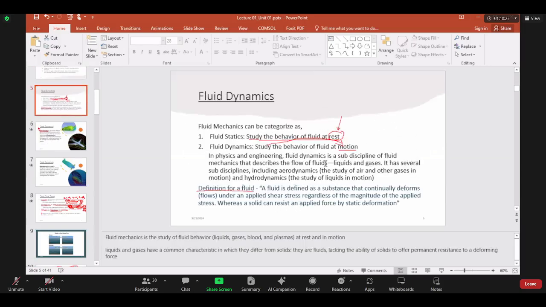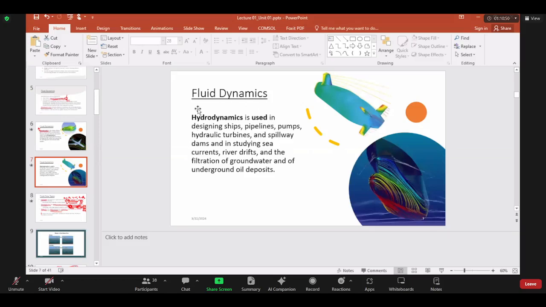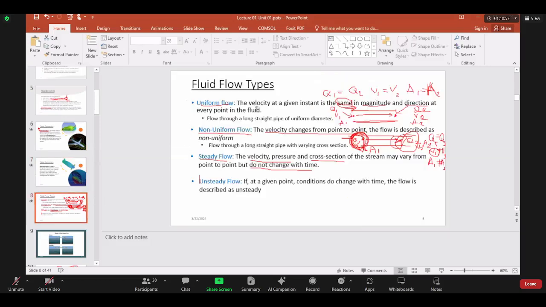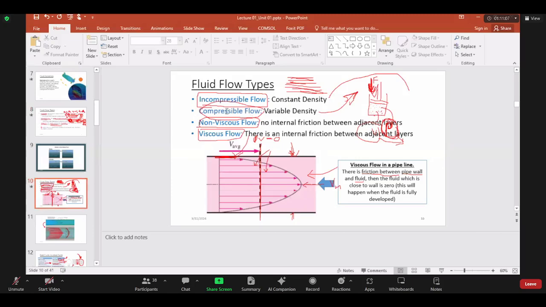You should remember these things in this lecture series: fluid statics, fluid dynamics, the basic things, and the idea of aerodynamics and hydrodynamics, and what the applications are. You need to remember fluid flow types: uniform flow, non-uniform flow, steady flow, unsteady flow, and also incompressible and compressible flow.